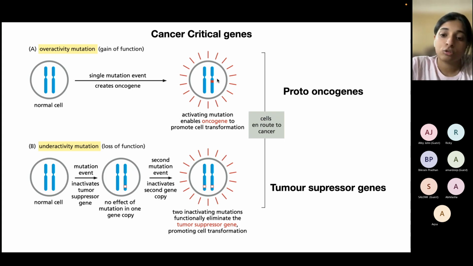Now, there is also tumor suppressor genes that in its normal function, it functions to suppress tumor. However, when there is an inhibitory mutation, which means there's a loss of function mutation, then it is not able to perform its normal function of tumor suppression and in turn results in formation of cancer. So these two are the type of genes, proto-oncogenes and tumor suppressor genes.